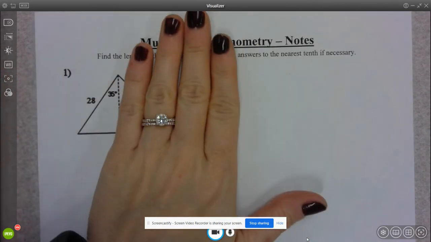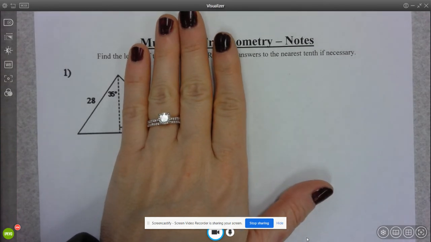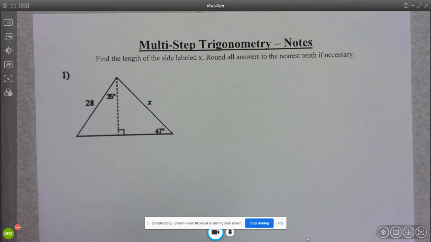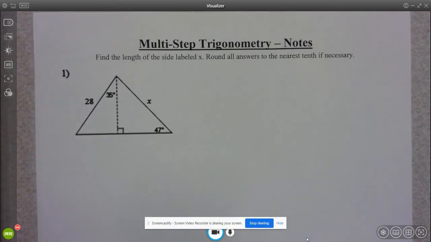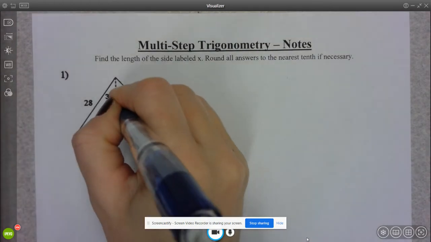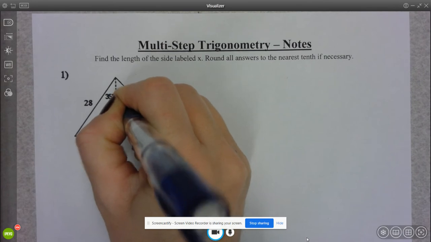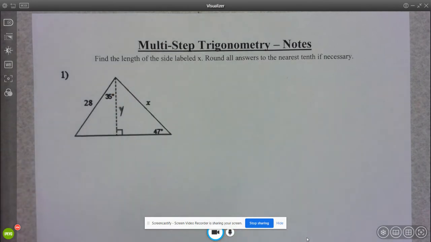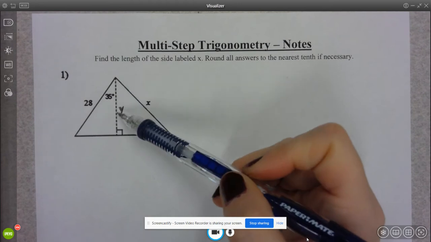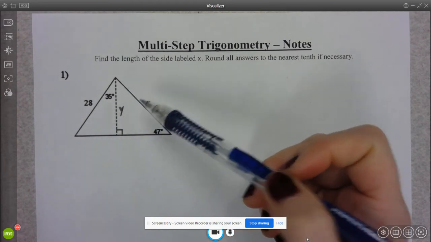So we're going to have to use this other triangle first to find a missing side that we can use on our second triangle to help us find X. So I'm going to label this shared side here Y. I need to find that shared side first because I'm going to use that piece of information on both triangles.